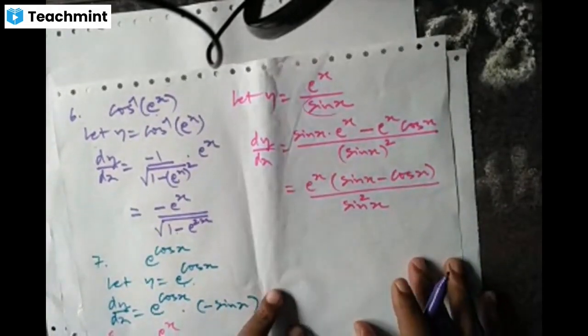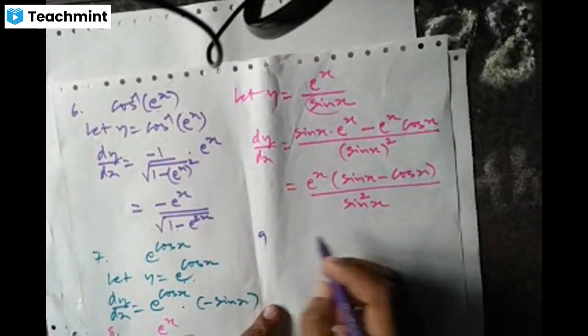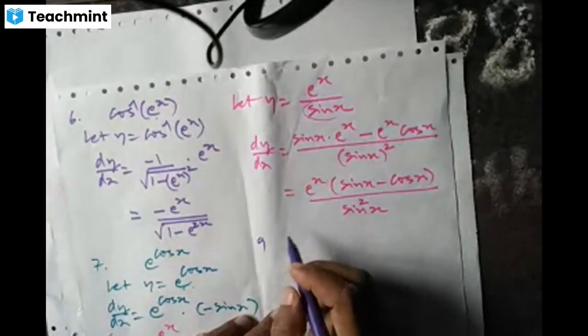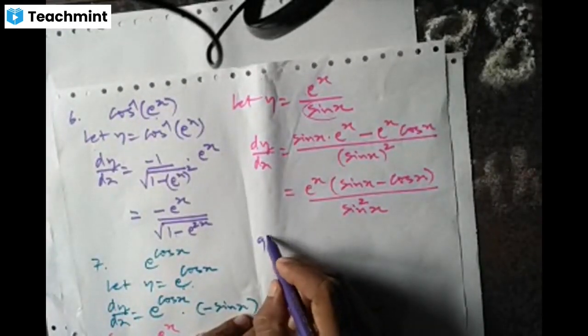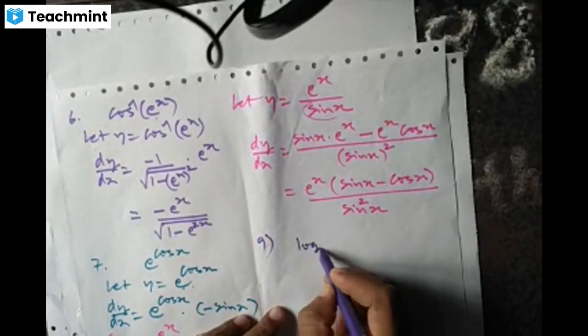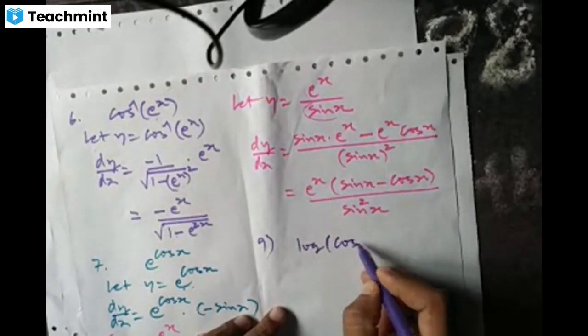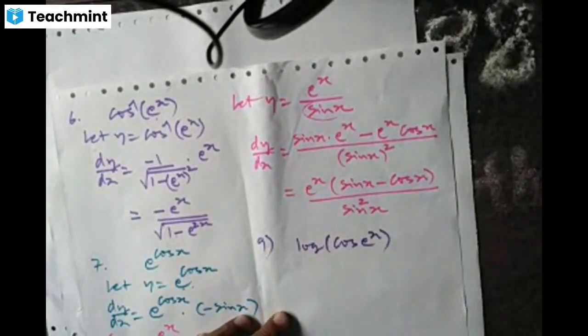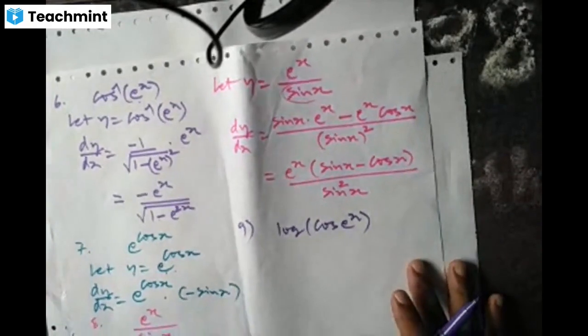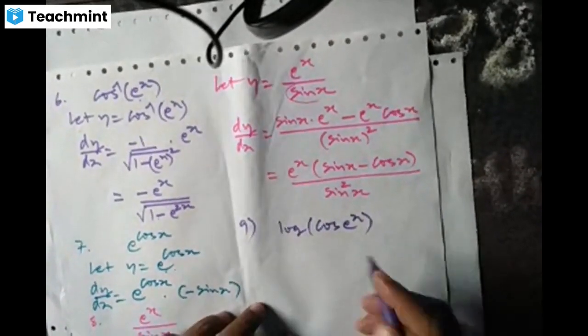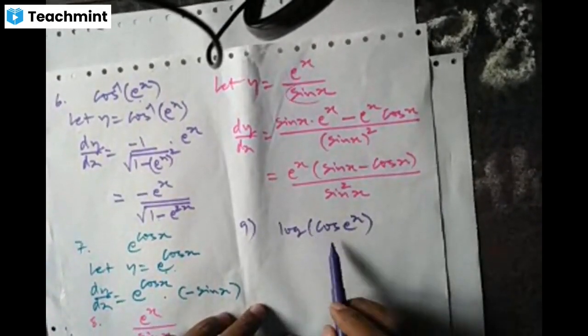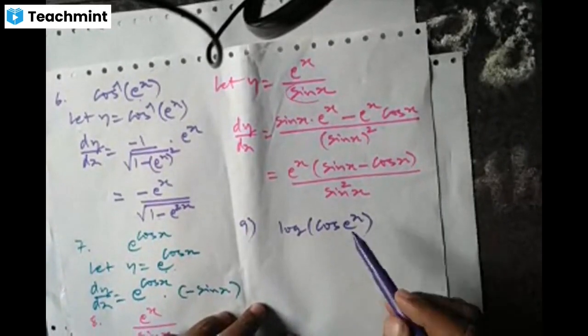Okay, next, problem number 9. The next function is log of cos of e^x. See here, the given function is a composition of three functions.